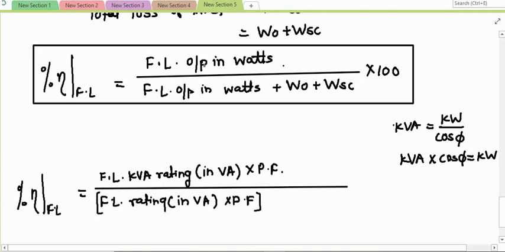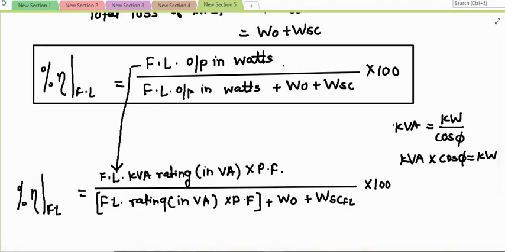I mean this will be full load output. So for this I am substituting KVA into power factor, which is nothing but the output in watts, plus iron loss, which is nothing but W0, plus copper loss at full load, which is nothing but WSC, into 100.